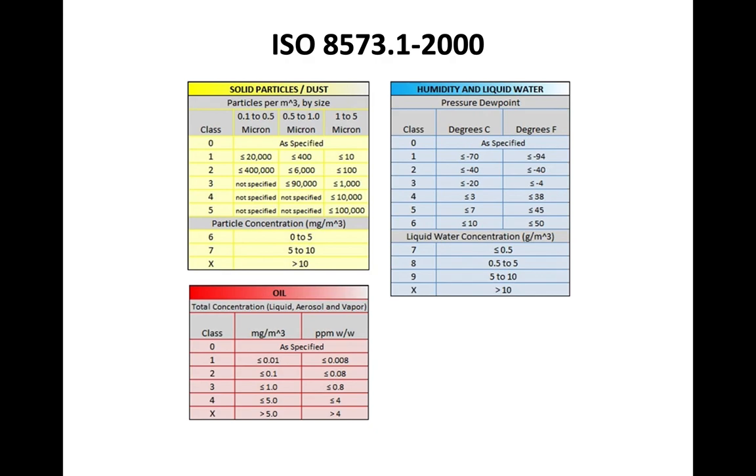Class 1 requires that the particle size of the dust entrapped in air is divided into three sizes. The first size is from 0.1 to 0.5 micron. It's about the diameter, the size of the dust.